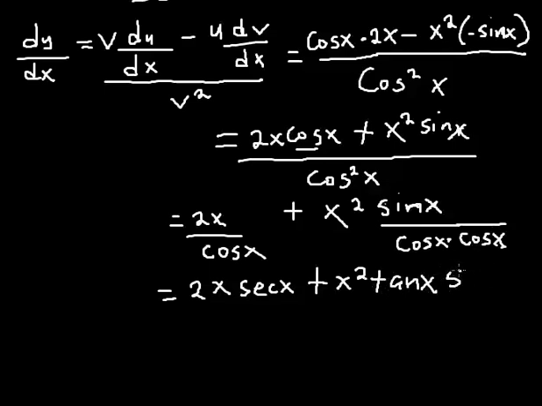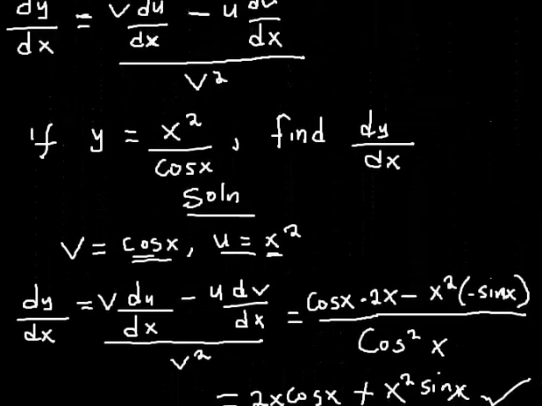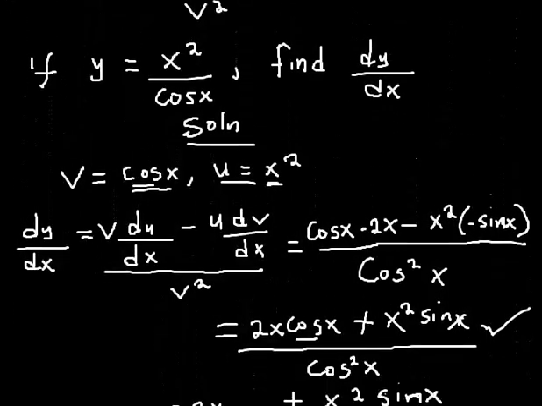So we can break it down up to this point, or you can leave your answer, depending on what the examiner requires. I hope that is well understood. So this is the quotient rule.